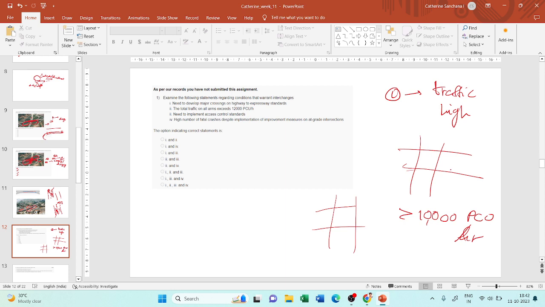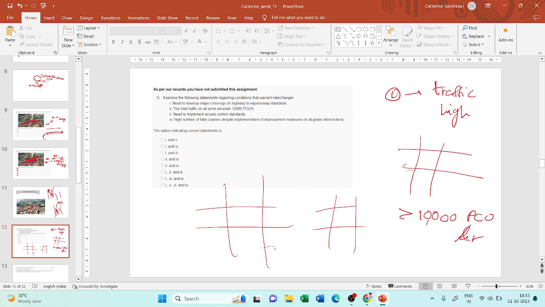And the most important point is, if both the crossing roads are major roads, then you will go for an interchange. And one more criterion is, if the crossing roads are not major roads as in close to expressway major, but they are arterials with still heavy traffic, then you will go for an interchange.